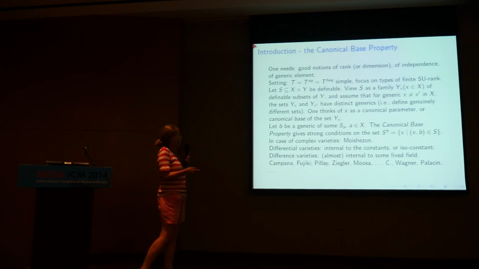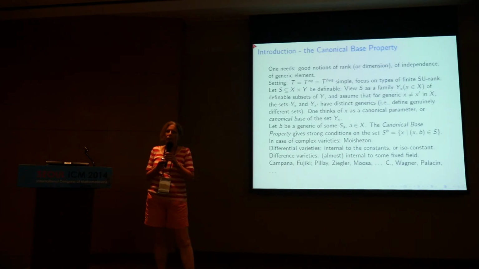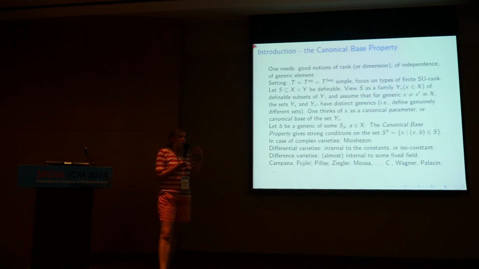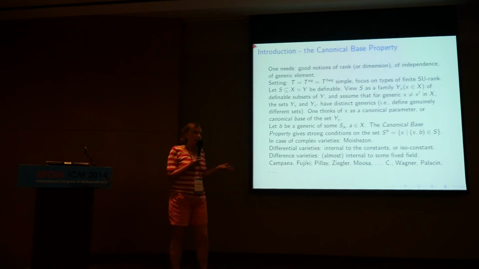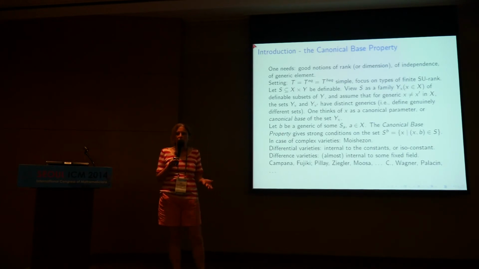So, canonical base. You have a set which is definable, okay? So it's going to be defined, let's say, by just difference equations, all right? Because we eliminate imaginaries, there is a smallest difference field over which it's going to be defined, okay?